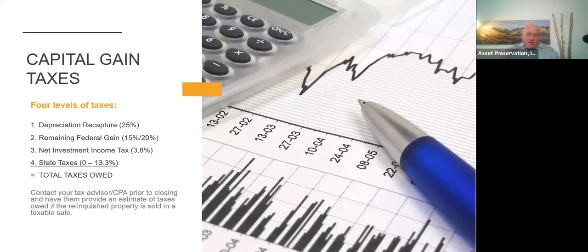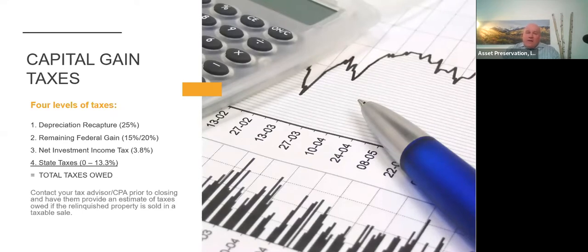First off, any depreciation recapture is taxed at 25%. So if you have a client that maybe has a single family home in Englewood and they've owned it for 20 years, they would have to recapture 20 years of depreciation if they do a taxable sale instead of a 1031 exchange. So right off the bat, that's a pretty significant tax hit.